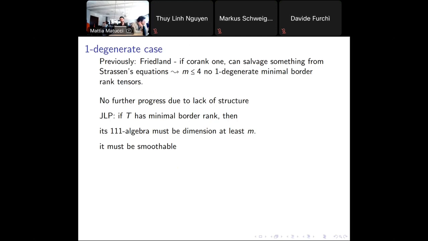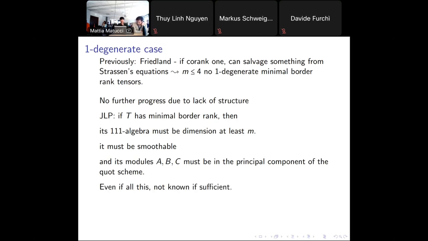So there's something to prove here. And then we have modules, but we still have a Quot scheme for those 3 modules. We don't know if this is sufficient, but in any case, these 2 sentences here are what enabled the m=5 classification to go forward to deal with this previously mysterious case of tensors that almost did not have any structure.